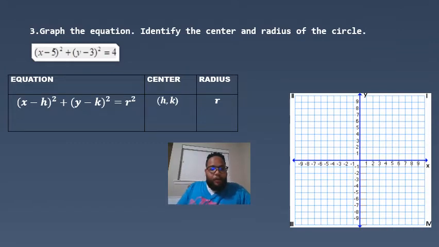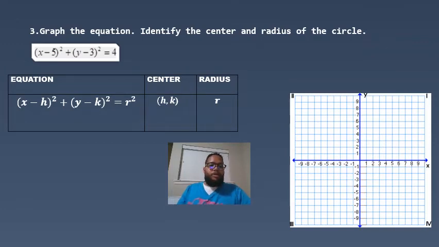Let's see here. We have x minus 5, which looks like x minus h, so that means h is 5. We have y minus 3, which looks like y minus k, so that means k is 3. And it all equals 4. So that means that r squared is 4.